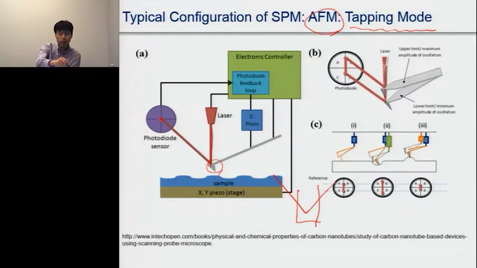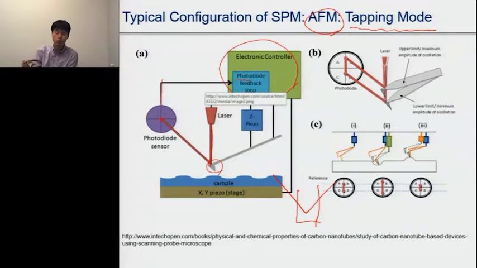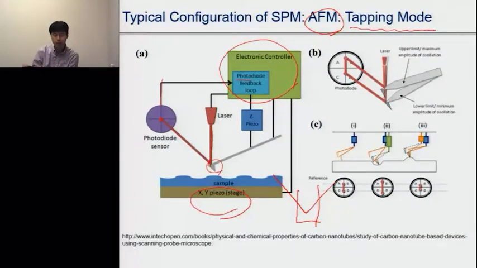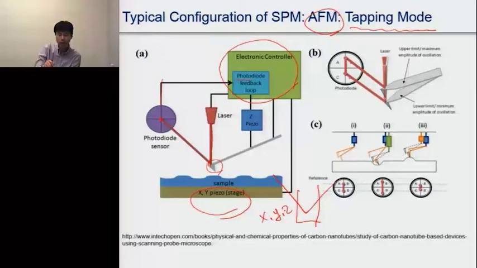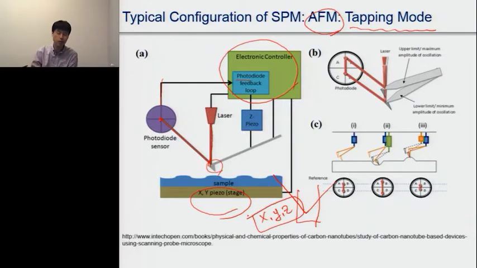This photodetector is connected with a feedback loop. Depending on the signal changes, the feedback loop controls the piezo stages. Using that, we can scan three-dimensionally in the X, Y and Z directions, and we can also adjust the distance between the sample and the cantilever.